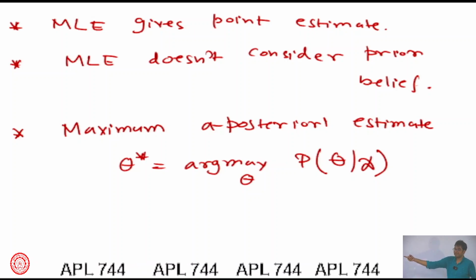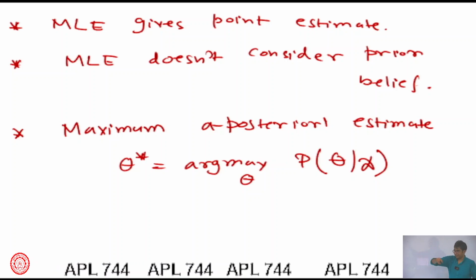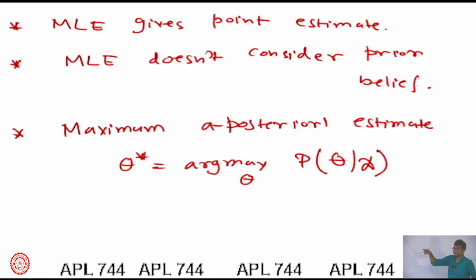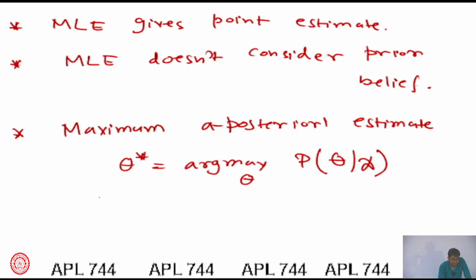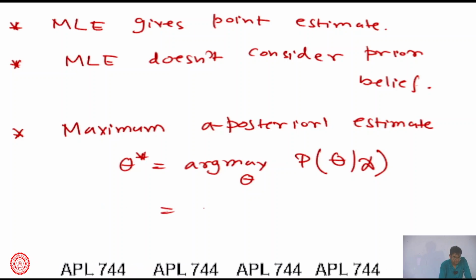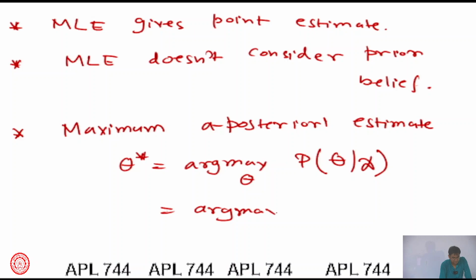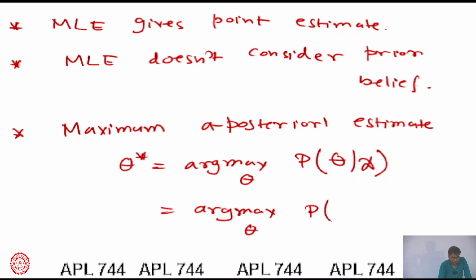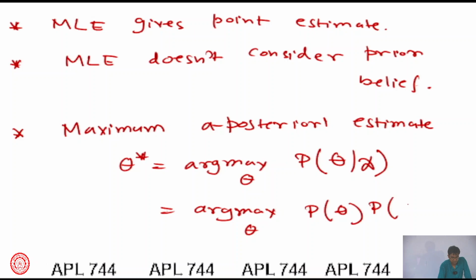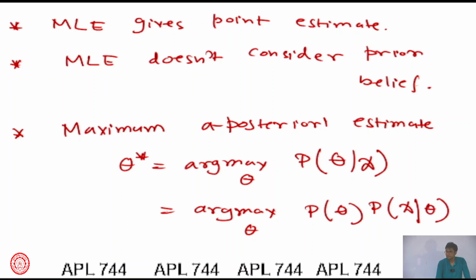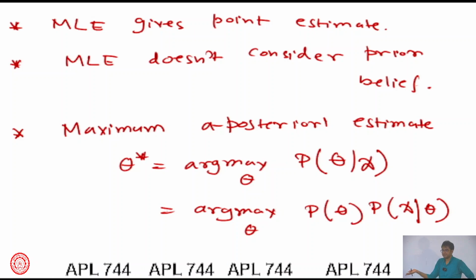So, theta given d is proportional to prior times likelihood. So, your prior is now coming into the picture. So, this is equal to argmax of probability of theta, probability of d given theta. The denominator does not have theta, so I can remove it.